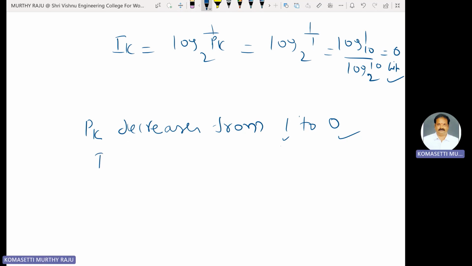In that case, Ik increases. Ik increases from 0 to infinity. For truly occurred events, the information content is 0. For rarely occurred events, the information content is more. That means infinity. We gain more information.